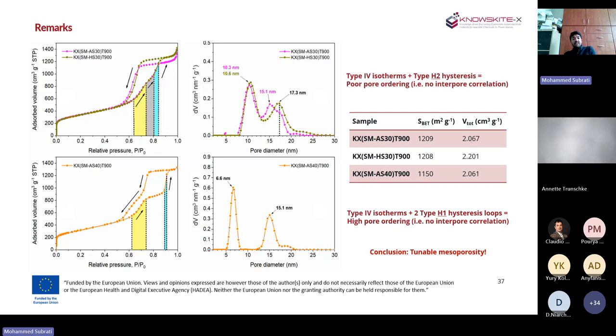In conclusion, it is doable and the mesoporosity is tunable. So the next step in the Knowskite project, with Sonia in Portugal, is to study the electrochemical performance of these types of materials as supercapacitors.